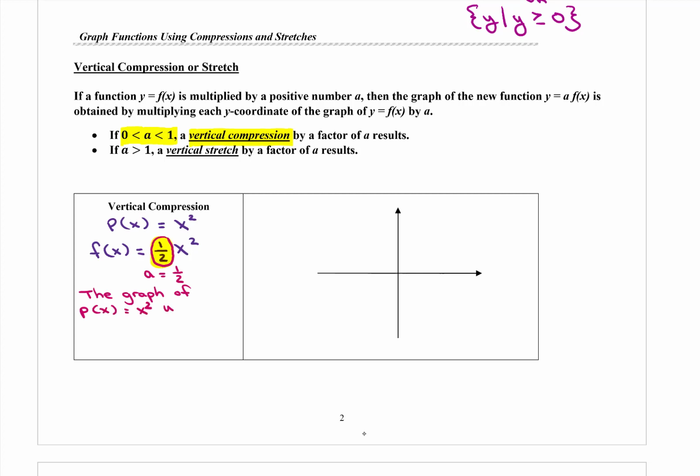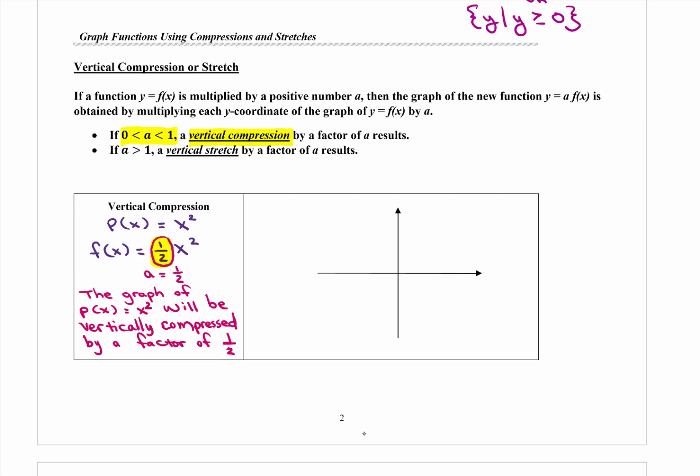So when you hear vertical compression, imagine I'm taking my original parabola from that basic function and squashing it down vertically. That's what it means to be vertically compressed. It's getting squashed. If you need to write that in your notes because that's going to help you remember, write that down right now.